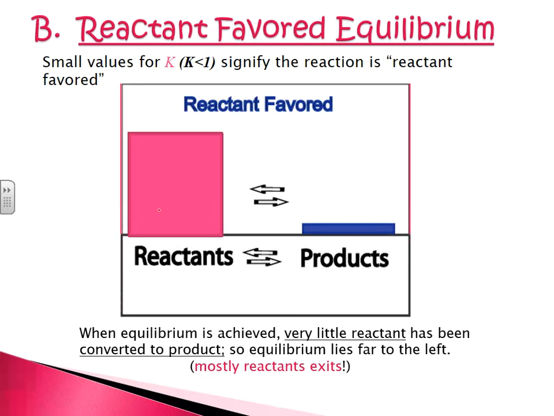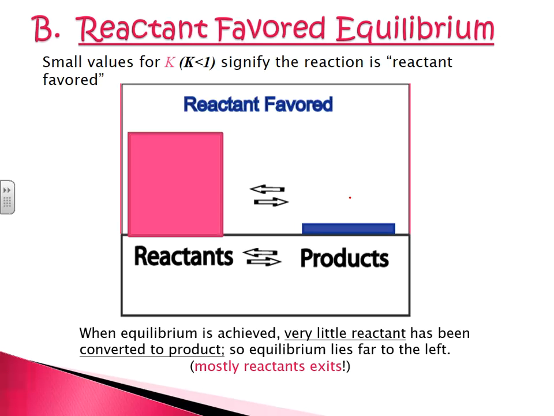Small values for K, so when K's are less than 1, that will signify the reaction is reactant favored. So you have more reactants than you do products. So this would occur like with a weak acid equilibrium when we talked about that in chapter 4. When we said like acetic acid would be like 95% still reactants, the acetic acid, and only 5% or so would actually be the ions in solution.